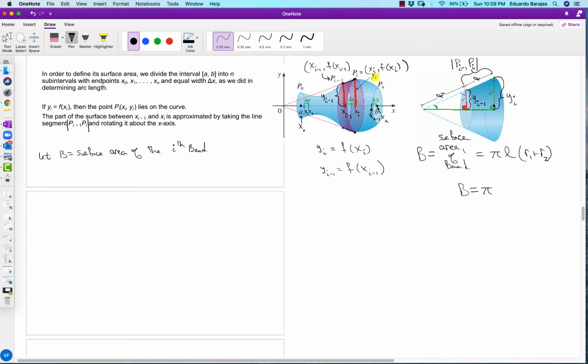And then these guys are the sum of these two, so it's y sub I minus 1 plus y sub I, in parentheses, and then P sub I minus 1, P sub I, that line segment. This is the L. I just switched it around a little bit. This is the R sub 1 plus R sub 2.